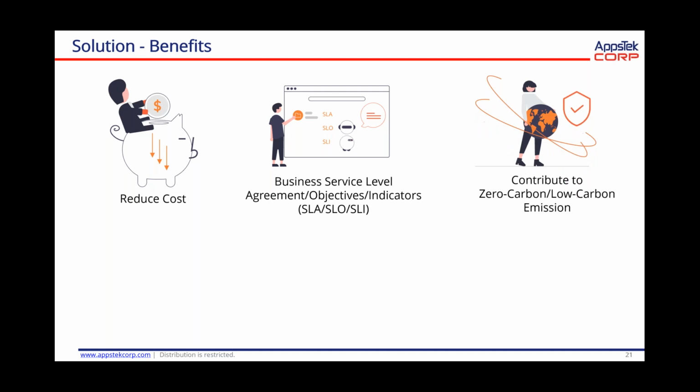And also, there is a new revolution. I'm sure a lot of you have heard about it, and some of you are already adopting this culture in your organization, trying to contribute to the 2030 goal of building organizations, or converting our existing organizations, into zero carbon emission or low carbon emission organizations, so that we can help reduce the pollution in our nature.